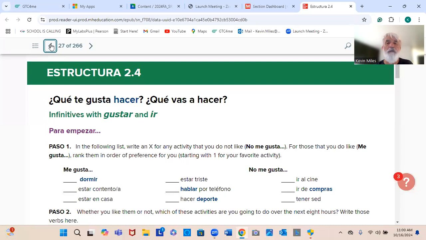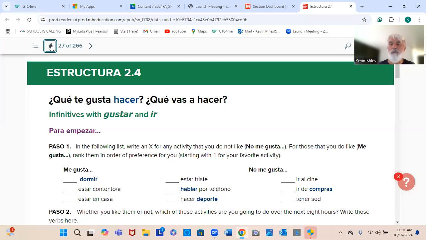And remember, if the thing liked is a noun, we use gusta if the noun or thing liked is singular, me gusta el libro, and gustan if the thing liked is plural, me gustan los libros. Finally, with verbs, I like to eat. I like to be at home.